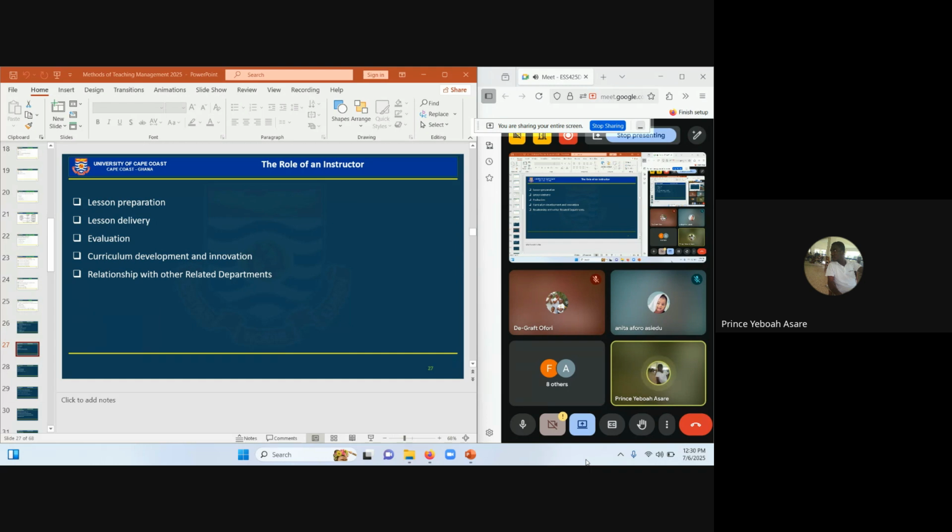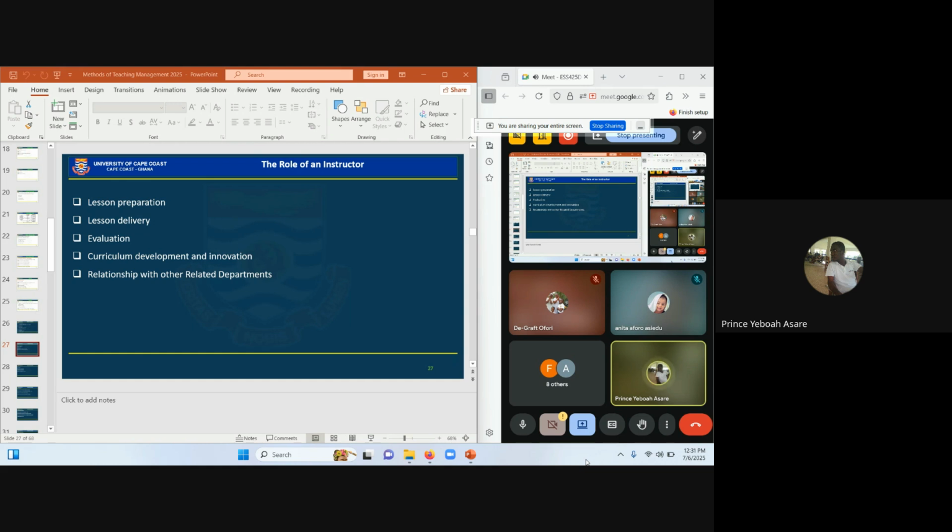And so the teacher systematically delivers the lesson employing the various methods of teaching, of which we will be looking at, whether it's a guided discussion, a discussion, a case method, simulation, or whatsoever.